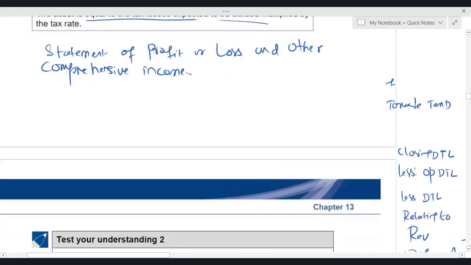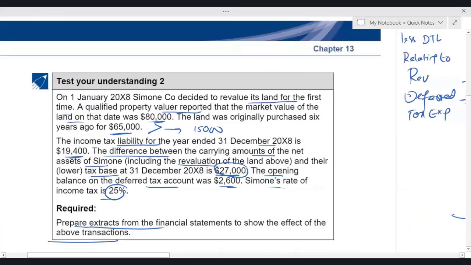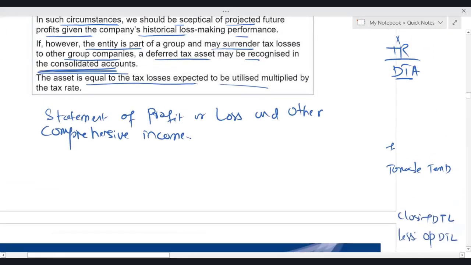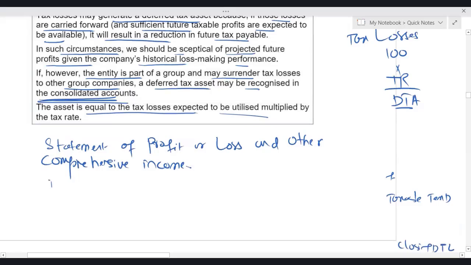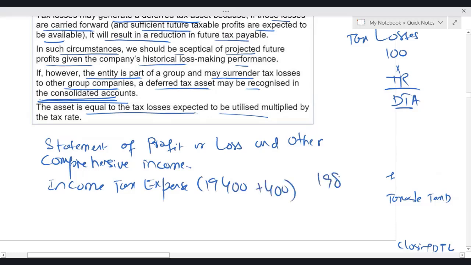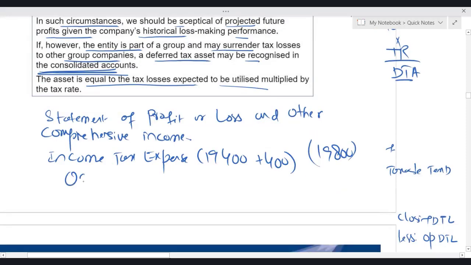The income tax expense will increase by 400. They have given us the income tax expense of 19,400. So simply income tax expense, 19,400 plus 400, it will be 19,800.